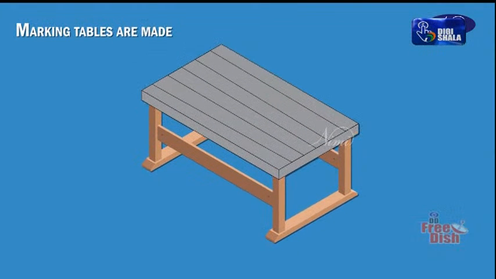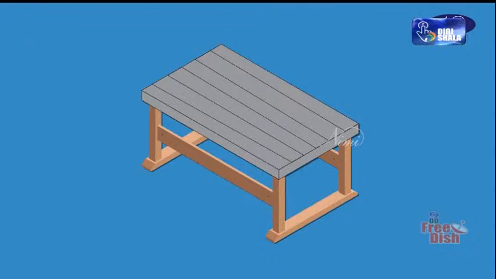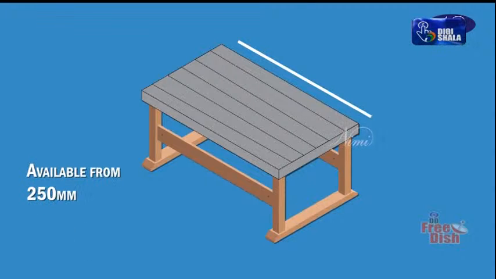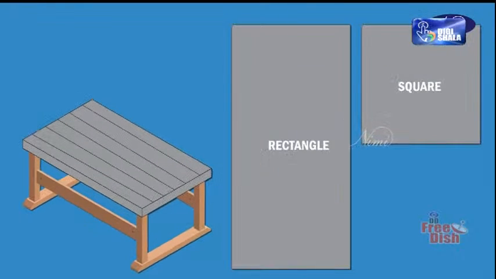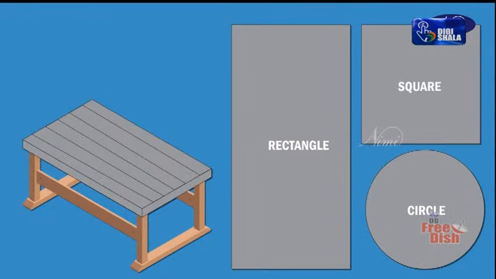Marking tables are made of cast iron or granite and are available in various sizes from 250 mm by 250 mm to 1000 mm by 1000 mm, and in shapes like square, rectangular and sometimes round also.